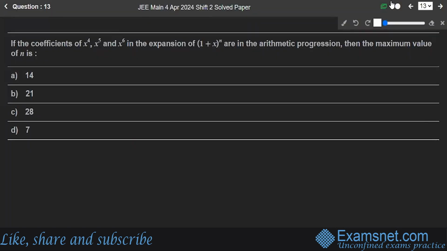Question number 13. If the coefficients of x power 4, x power 5, x power 6 in the expansion of this are in AP, arithmetic progression, then the maximum value of n is. Okay. So if I expand 1 plus x raised to power n, this is given by nc0 plus nc1 into x raised to power 1, nc2 x raised to power 2, nc3 x raised to power 3, till ncn into x raised to power n.